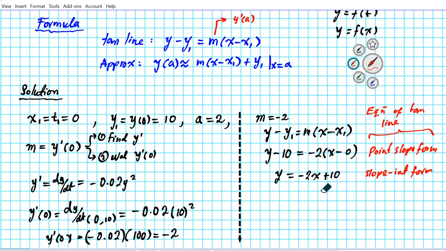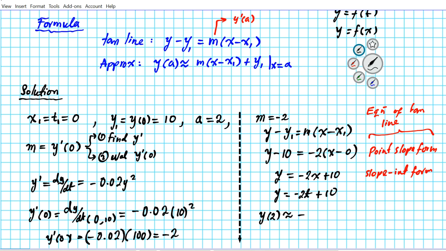Okay, this is y of t. All right, so let's even rewrite it. Since the independent variable is t, we can just rewrite it as y equals negative 2t plus 10. Now, if we want to estimate, for example, the function at t equals 2, we just simply plug the 2 in here. All right, so y of 2 is approximately what you get when you evaluate this expression at t equals 2.